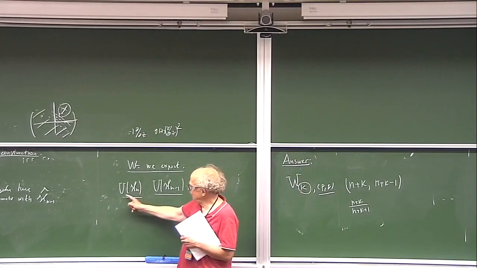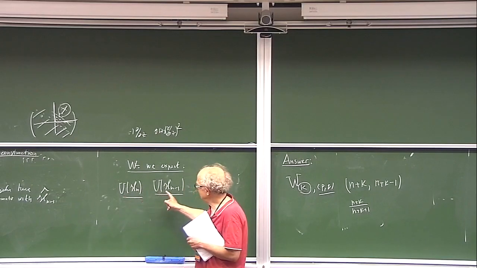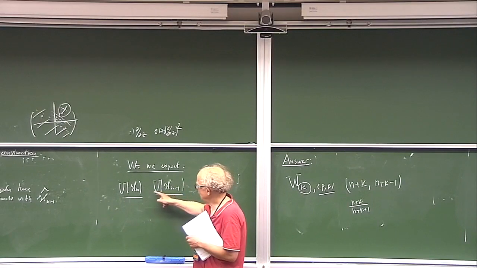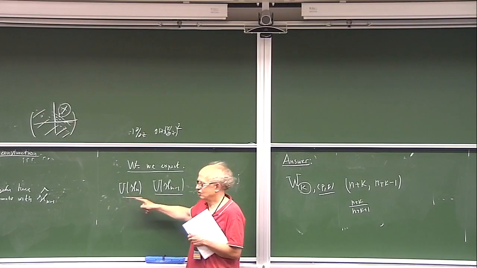If we take the universal enveloping algebra of gl_N and of gl_{N-1}, and suppose we are asking the same question, what is the commutant of this? Now we know what this is.